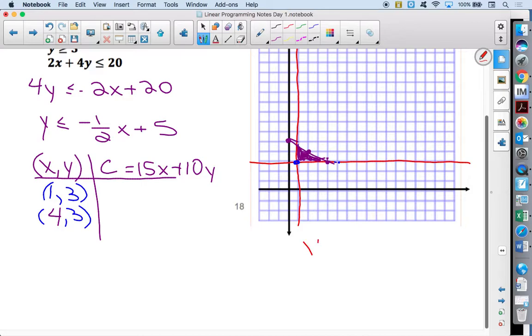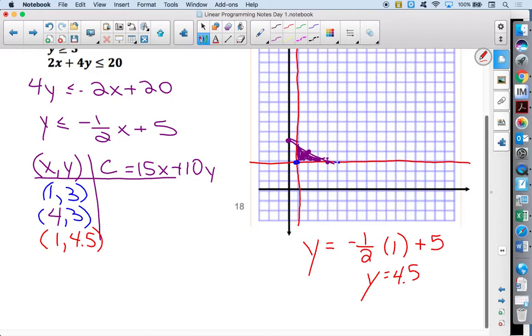If you were asked to algebraically show it, if x is 1 and I wanted to find y, you're going down 1/2 each time. So really the y is 4.5, because of the slope being negative 1/2. So at the value of 1, my y is 4.5.